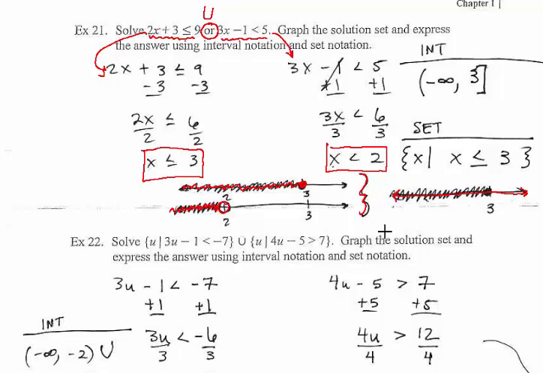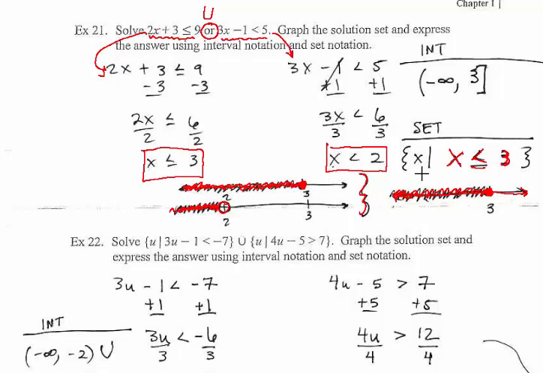Any number that's shaded, which is to say 3 is shaded, so it gets included in the final solution, and then any number to the left of 3 is shaded, and so we shade those too, and then the bottom number line simply includes ones that were already included in the first interval. So we end up with x less than or equal to 3 for our solution.